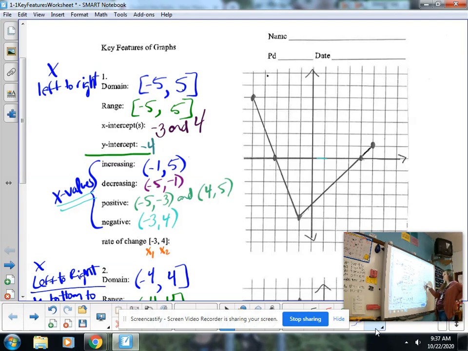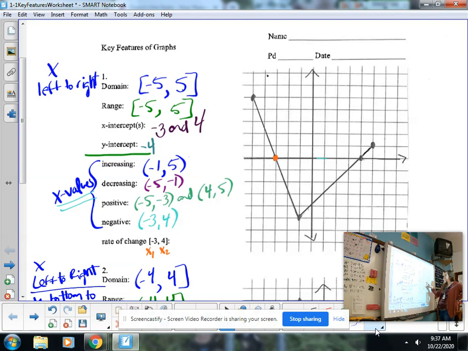So at -3, 1, 2, 3, I'm right here. So you want to go and find -3 and then match up where it is on the graph. And I think you'll see more in the next one how that could be different than just on the x-axis like this one is.